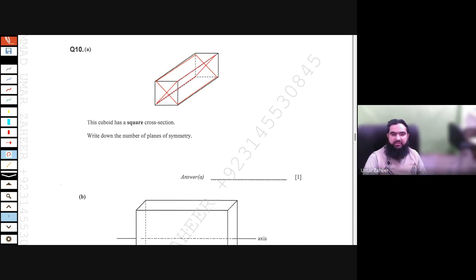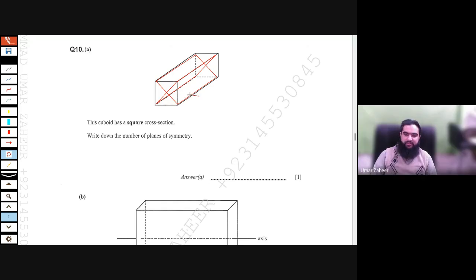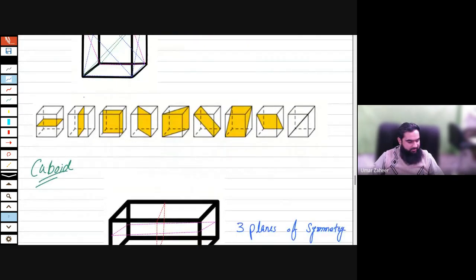All right. The 2 are going to be diagonal and the 3 are going to be vertical, meaning like this way, and the diagonal way that we have made. We have 3 here: 1, 2, and 3.